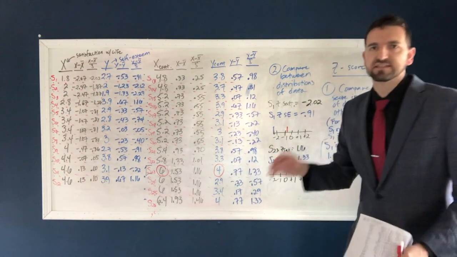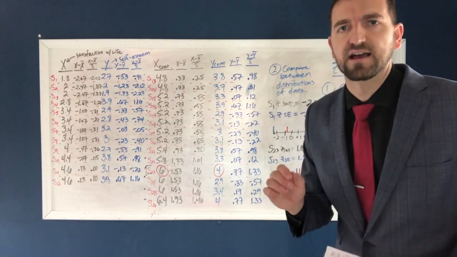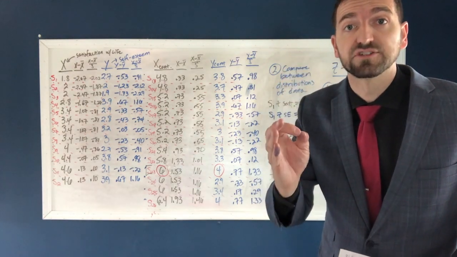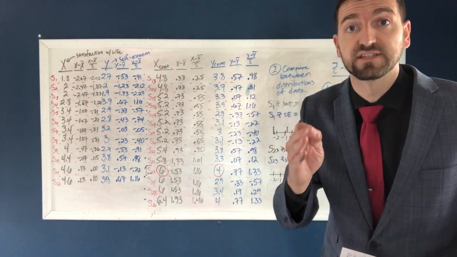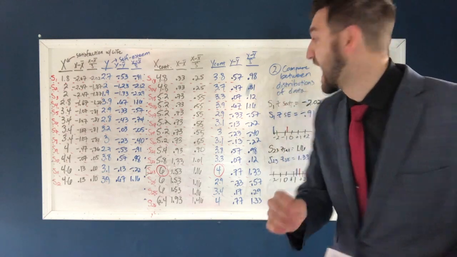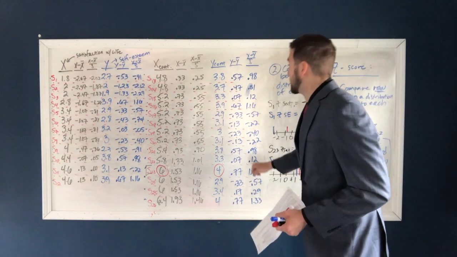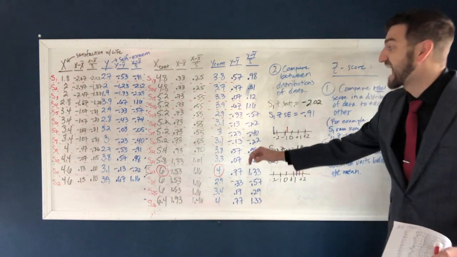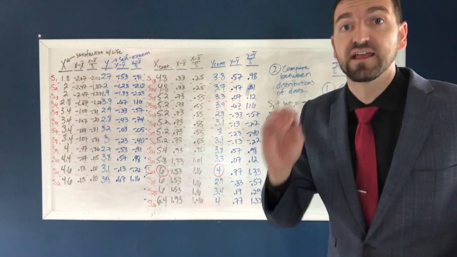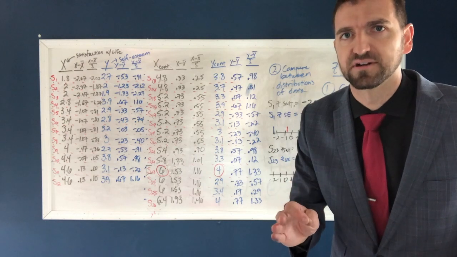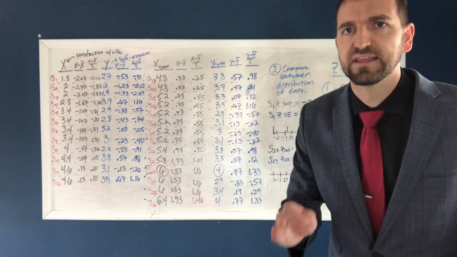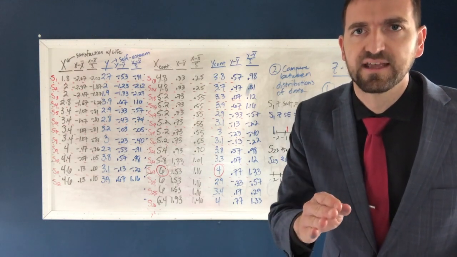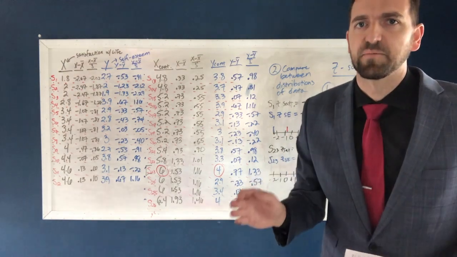So when we look at these scores in the context of the average and the standard deviation for each distribution, it turns out that participant 23's self-esteem score is actually slightly higher than their satisfaction with life score. Even though the raw scores may lead you to think the opposite.